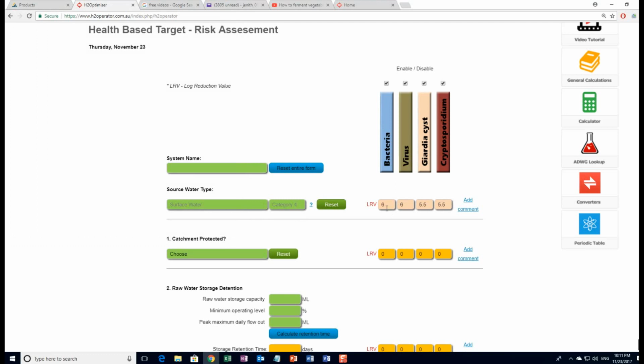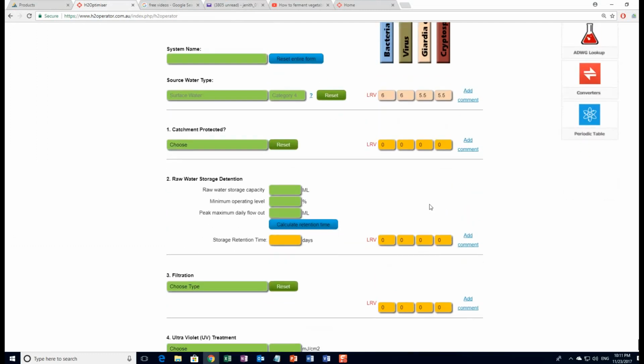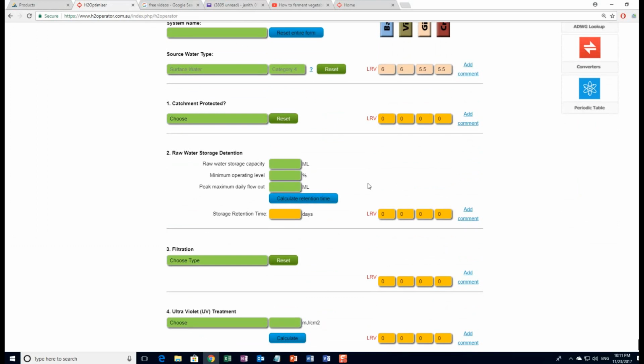Okay, as you can see, the log reduction value requirement is populated. Now to our barriers. Okay, so the first barrier is whether our catchment is protected. If you're category 4, your catchment is either unprotected or minimally protected. It's a little bit subjective, but if you've done your sanitary survey, then it shouldn't be too hard for you.